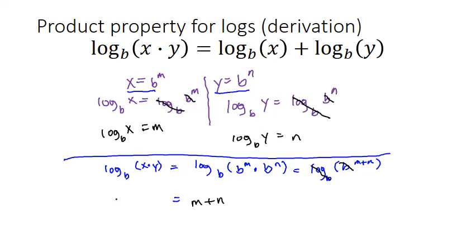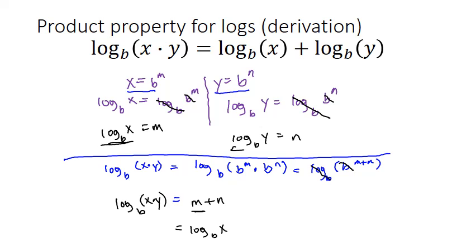And now we have over here, we still had the log base b of x times y. So remember what m and n were equal to. m was the same as log base b of x, so we're going to replace this m with log base b of x.